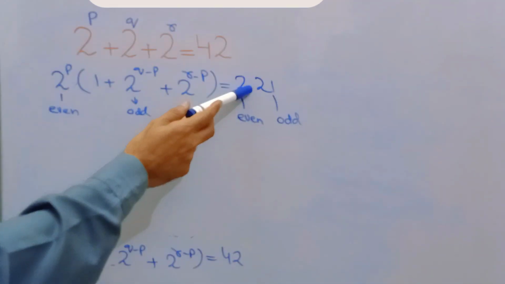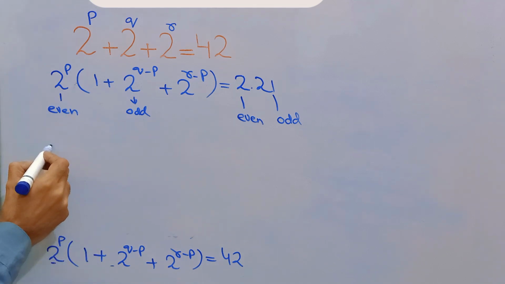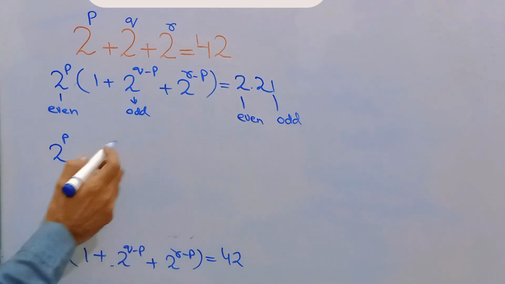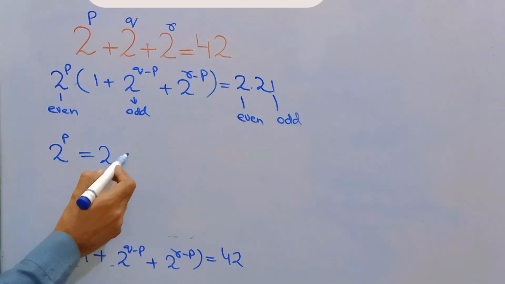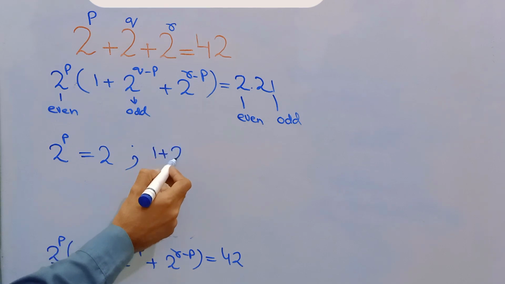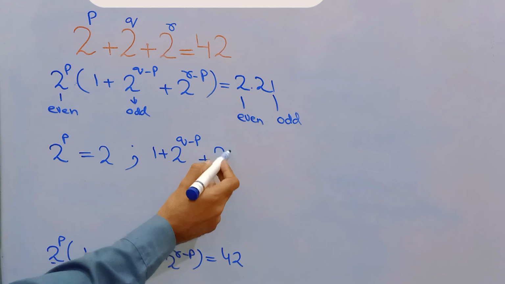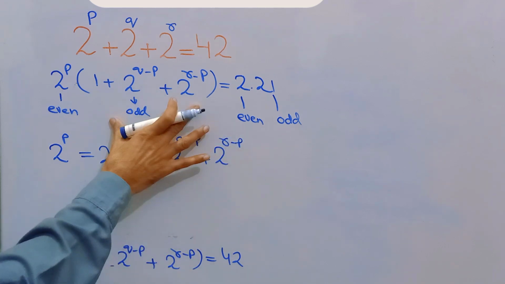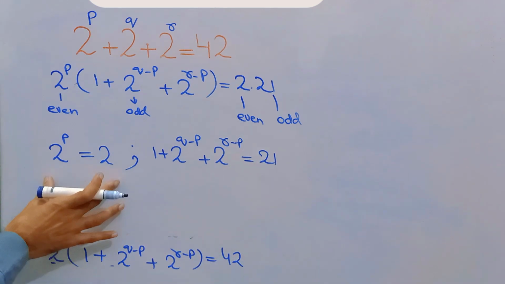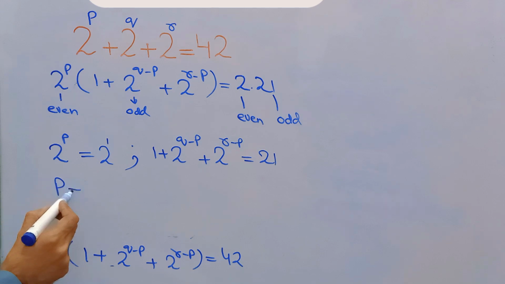Then 2^p, even, is equal to even 2, and next 1 plus 2^(q minus p) plus 2^(r minus p), odd, is equal to odd 21. The next 2^p is 2^1, base are same, then p is equal to 1.